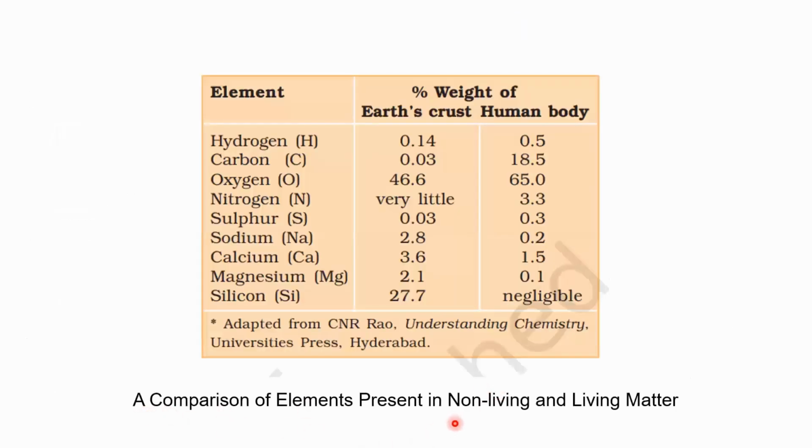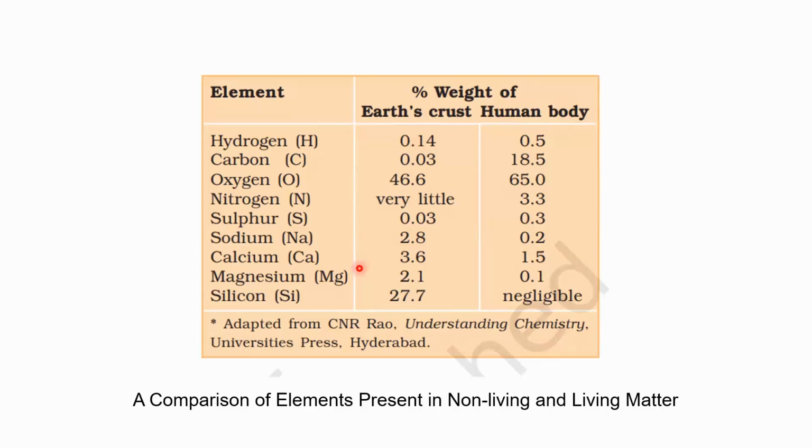So this is a comparison of the elements present in non-living matter, for example the earth's crust, and living matter, for example the human body. We can see that the composition is similar, but the proportions may vary, like the percentage weight of the elements in the earth's crust and the human body.